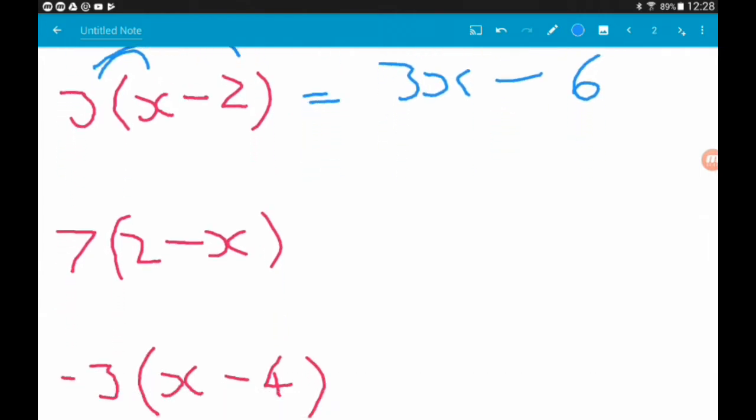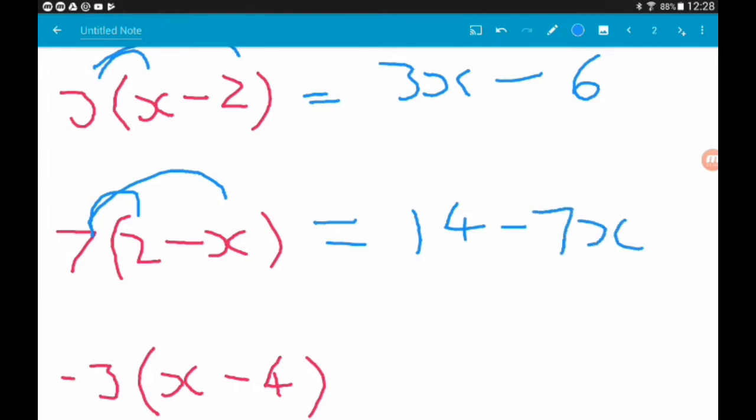Okay, then we've got 7 lots of 2 minus x. So don't be scared by the x being in a funny place. So 7 times 2 is 14. Then we've got a minus. Okay, and then we're doing 7 times x. So our answer here is 14 minus 7x.